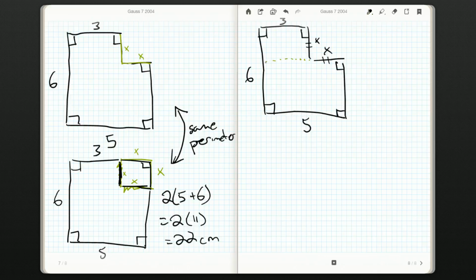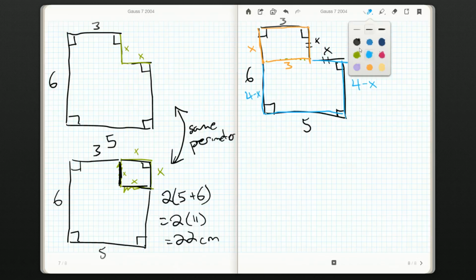So if we had a tiny little rectangle, maybe we'll make it the orange rectangle. It's got 3 and x, so opposite this 3 should be another 3, and over here should be x. Okay. So then what's left over? Well, if this little bit is x, we must have 4 minus x for this length. And now we have another rectangle, a rectangle whose sides are 5 and 4 minus x.